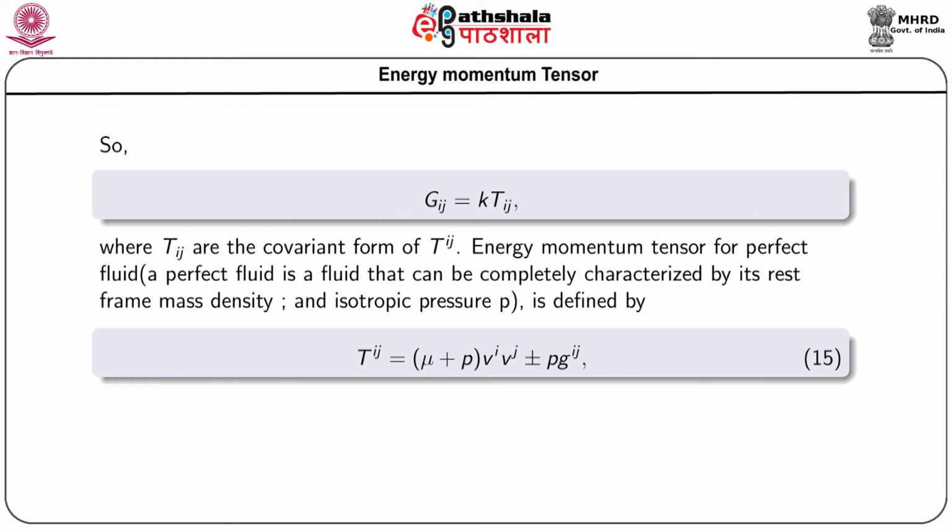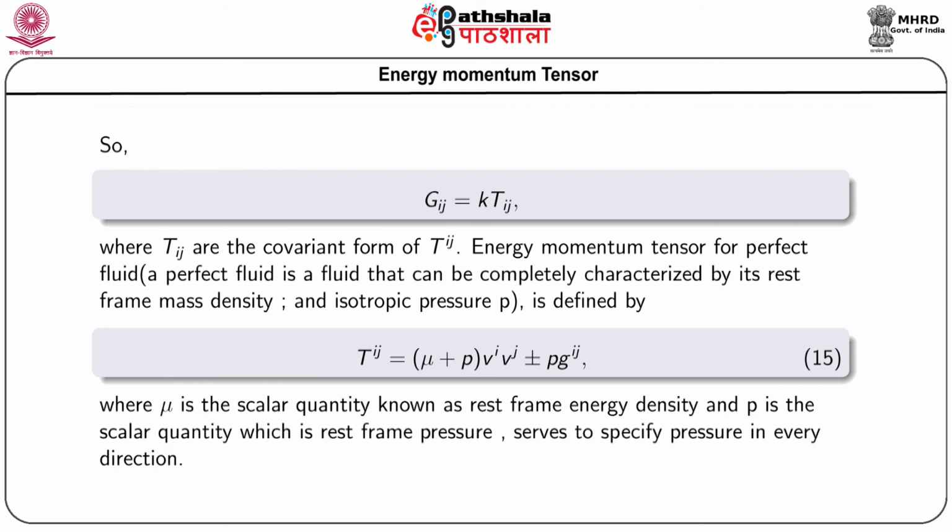So, this is the energy momentum tensor for a perfect fluid, where mu is the scalar quantity known as the rest frame energy density and p is the scalar quantity which is the rest frame pressure, and it serves to specify pressure in every direction.